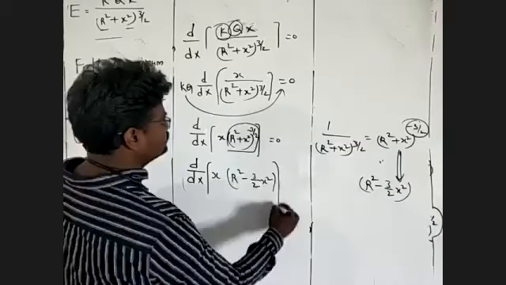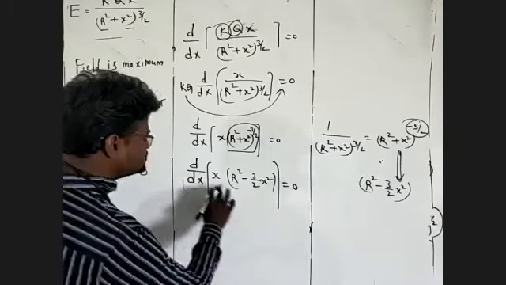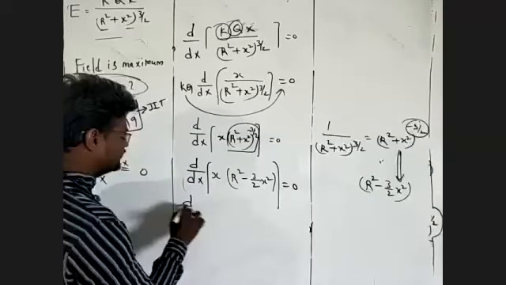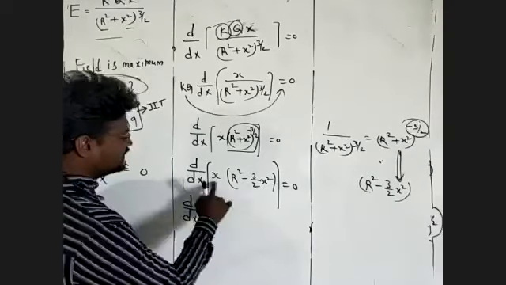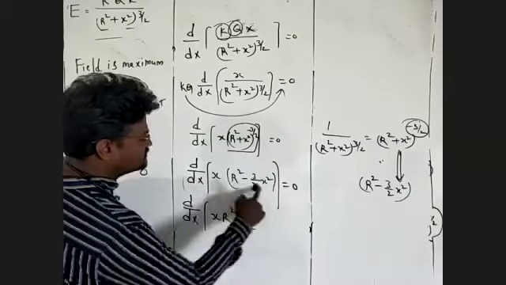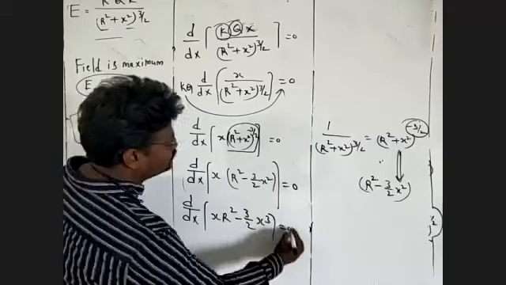So this value is equal to 0. Now x is multiplied with this equation: d by dx of x into r square minus 3 by 2 x into x square, that is x cube, is equal to 0.